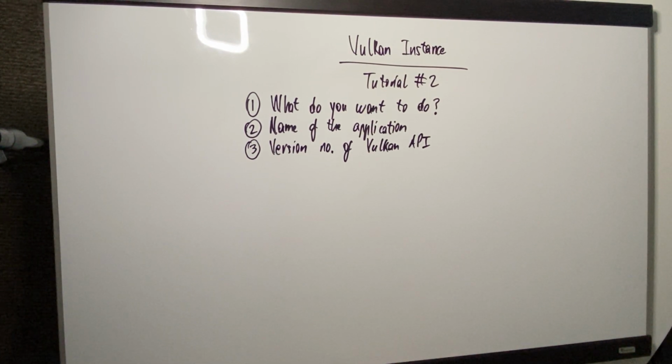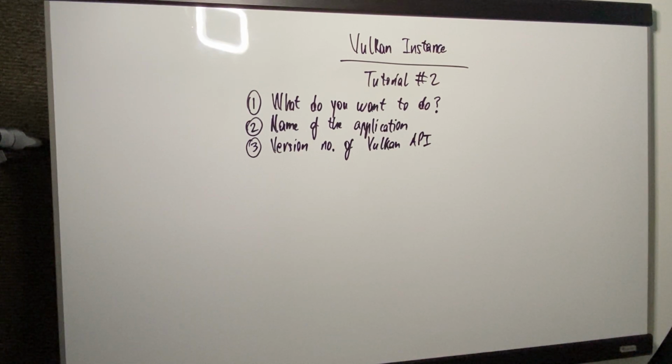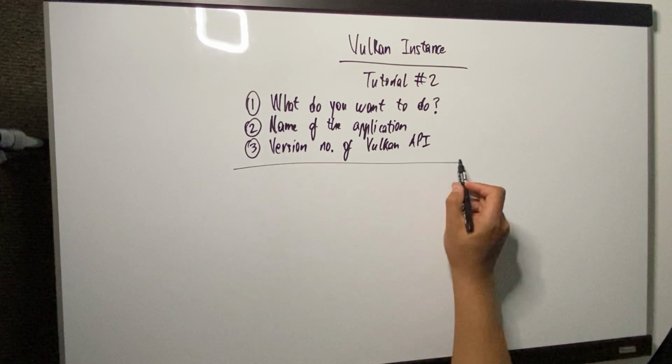Small bug change updates, large updates, and everything in between. So it's important to communicate what version of Vulkan API you are using. So, just some more general things.